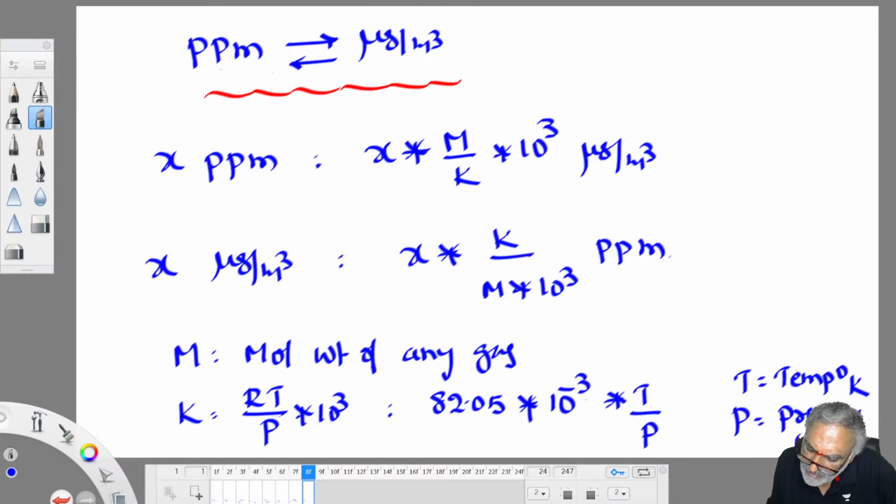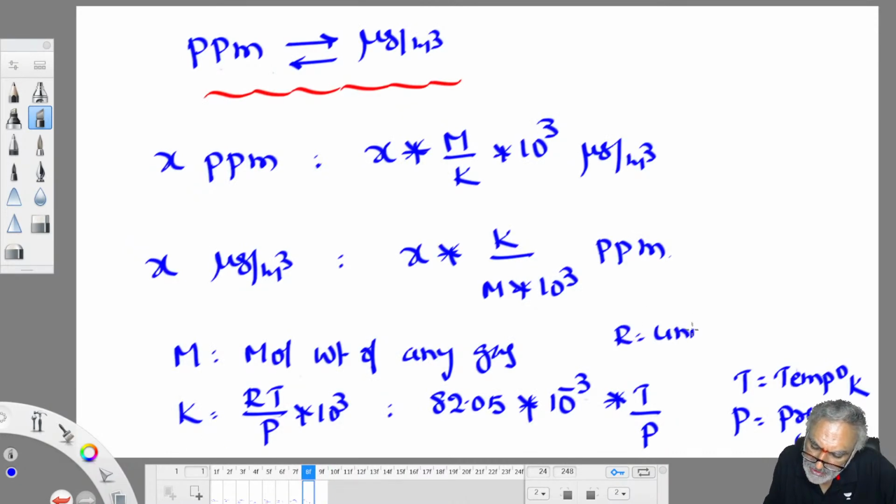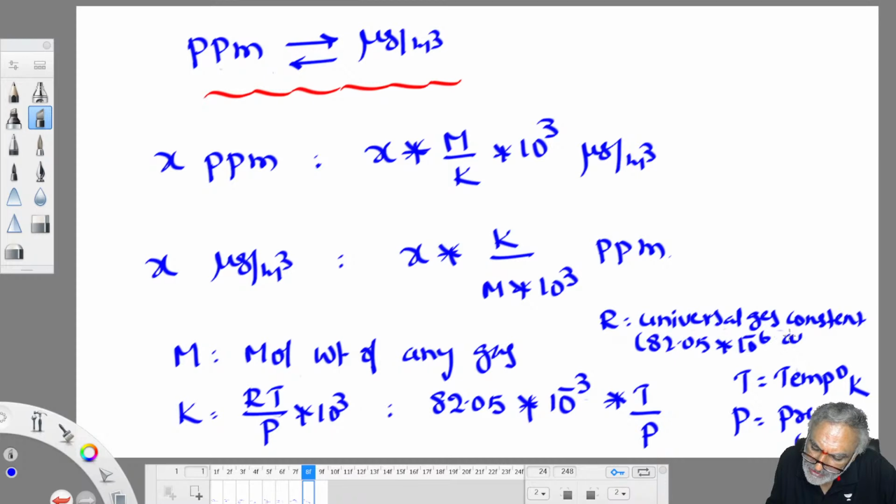R is the universal gas constant, whose value is 82.05 into 10 power minus 6 atmosphere meter cube per mole Kelvin. That's the unit of R.